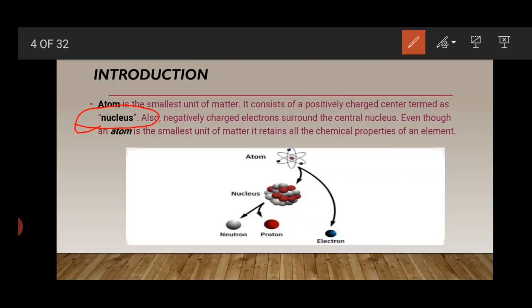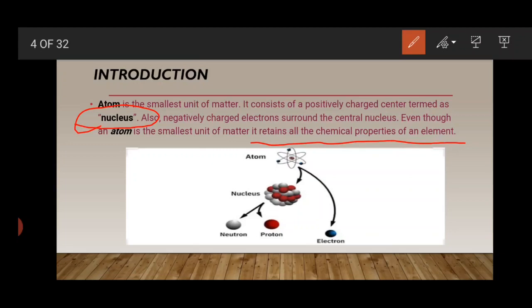As we all know, the atom is the smallest unit of matter. It consists of a positively charged center termed the nucleus. In the center of the atom, positively charged particles are there along with neutral particles, and combined they are called nucleons, and it is covered with a thin layer.